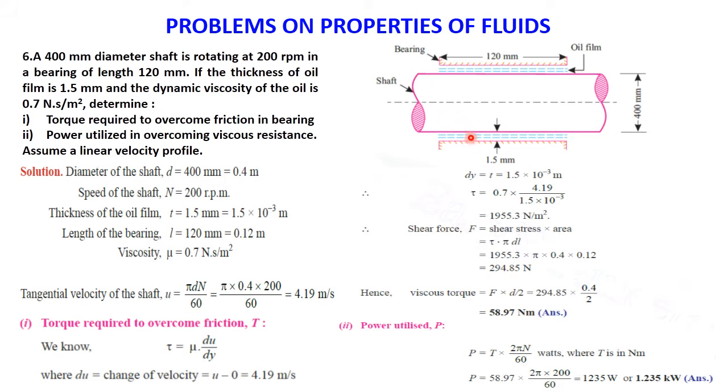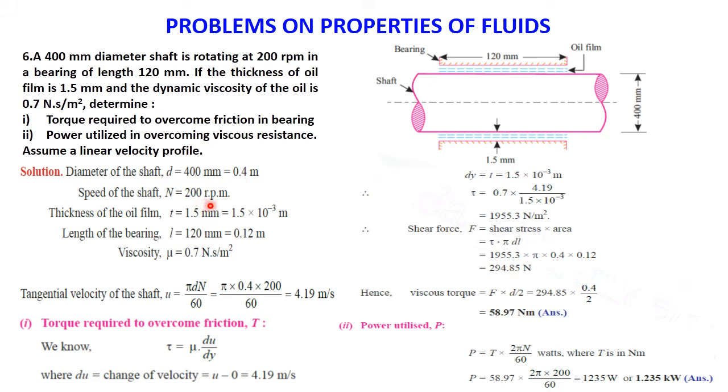The thickness of this oil film is 1.5 mm, as shown in the diagram. The actual distance between the bearing and shaft is 1.5 mm, and the dynamic viscosity of the oil is 0.7 Newton second per meter square. Now what we have to find is how much torque is required to overcome this friction in the bearing, and how much power is utilized in overcoming the viscous resistance.